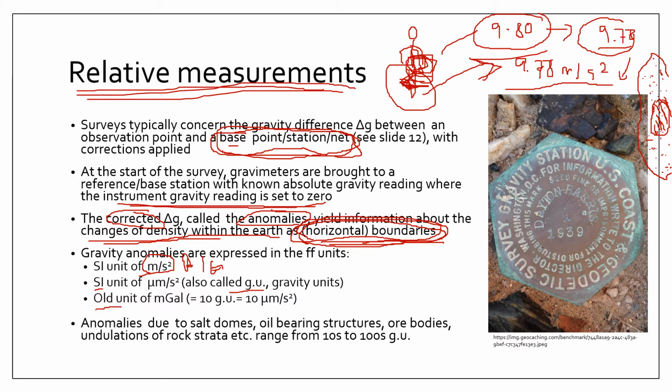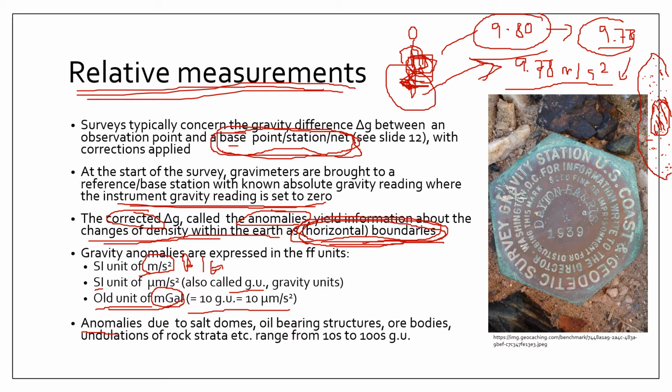And then we also have the old unit called milligals, which is named after Galileo Galilei. So milligals is supposedly an outdated unit for gravity measurements, but people still use that unit. But for the sake of conversion, 1 milligal is equal to 10 gravity units, or also equal to 10 micrometers per second squared.